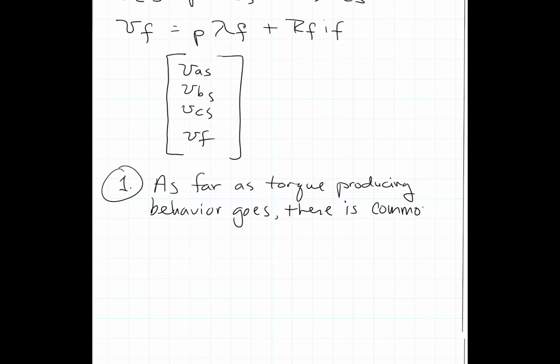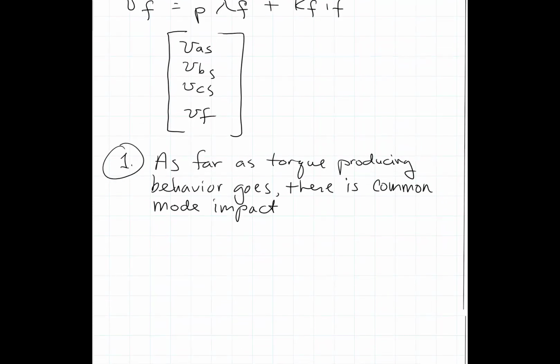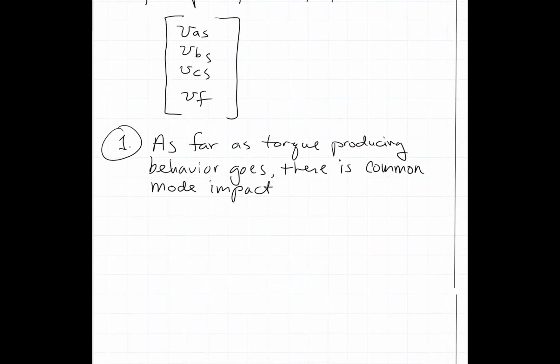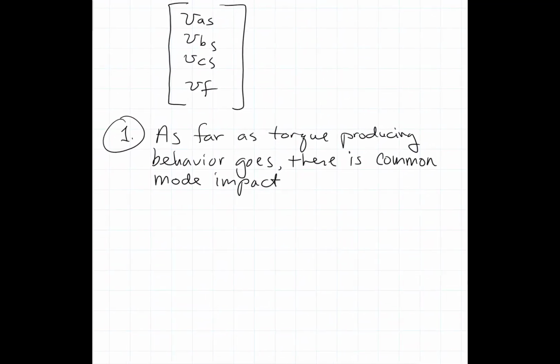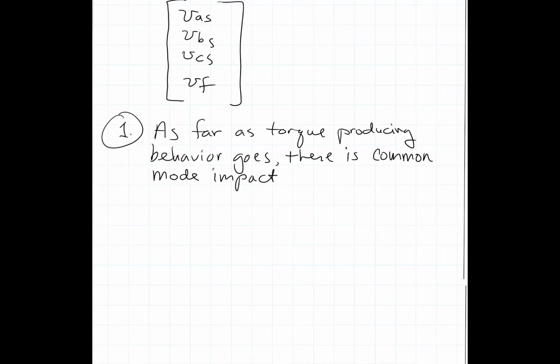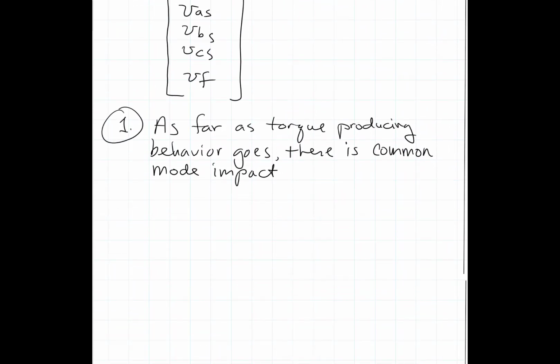We talked about this in the last lecture. So even if we could produce a common mode, it's just going to produce electromagnetic interference. It might cause problems with our bearings and other things like that, but as far as the torque, it's not going to do anything to it. It's the line quantities that affect the torque.